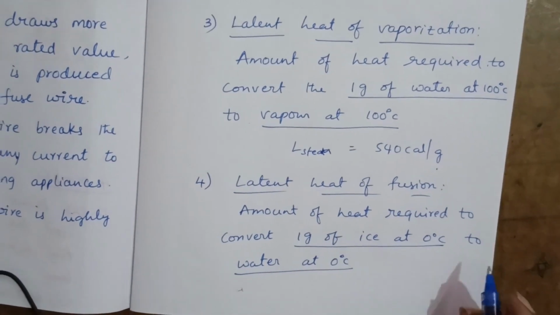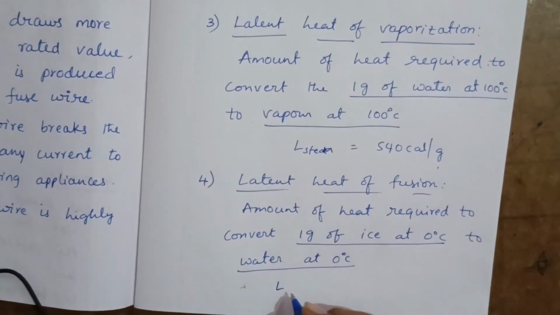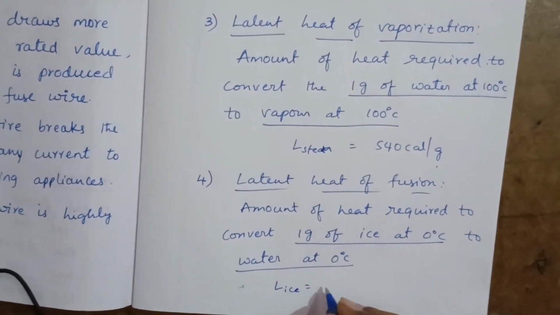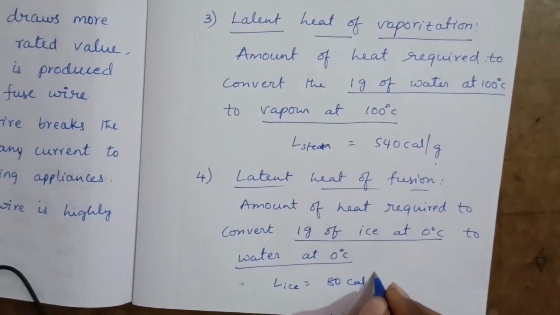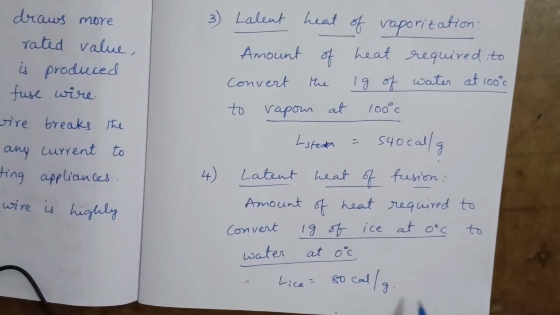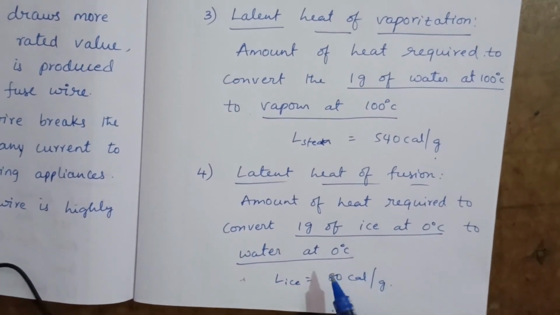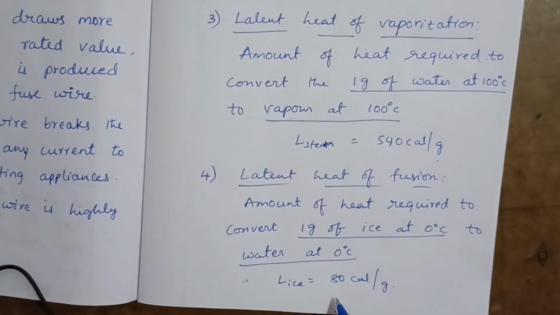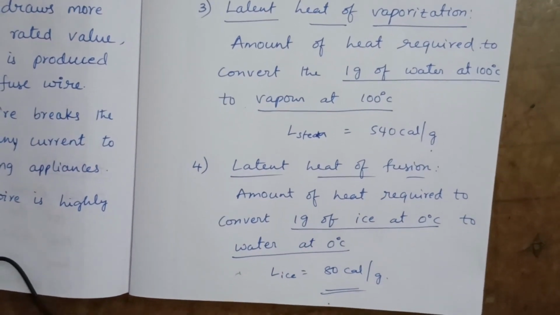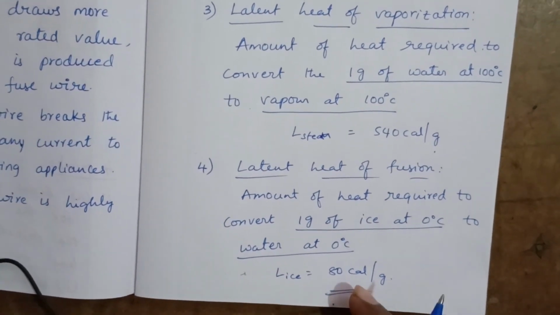Here the latent heat of ice is equal to 80 calories per gram. That means to convert 1 gram of ice at 0 degrees Celsius to water at 0 degrees Celsius, we should give 80 calories of heat energy.